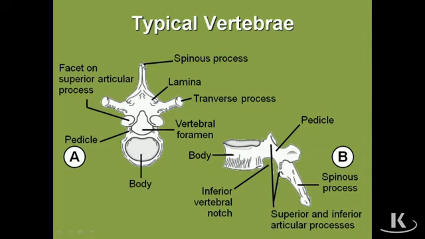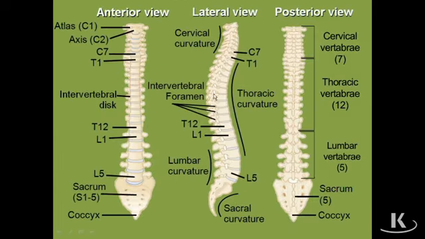A spinous process posteriorly, muscles will attach to that. And we'll have some processes coming off the top and bottom of the vertebra, which can be seen better on this lateral view. And those will be the articular processes that will allow for the formation of joints between the adjacent vertebrae.